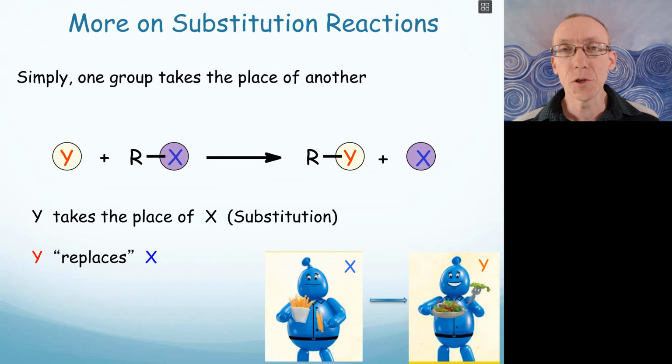So substitution reactions are really just simply the substitution of one group on a molecule for another. So there's many different types of substitution reactions, and we're just talking about the nucleophilic substitutions at the moment.